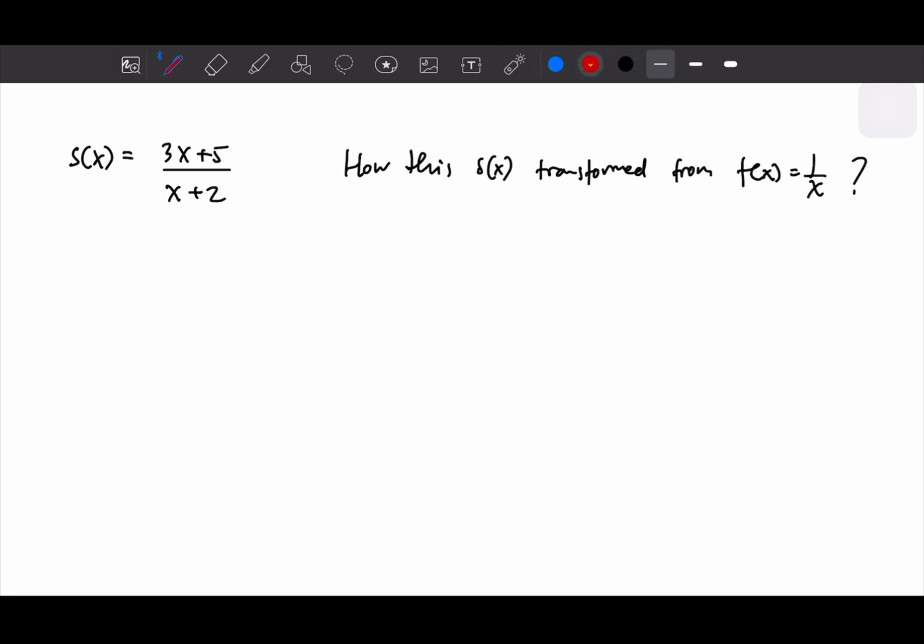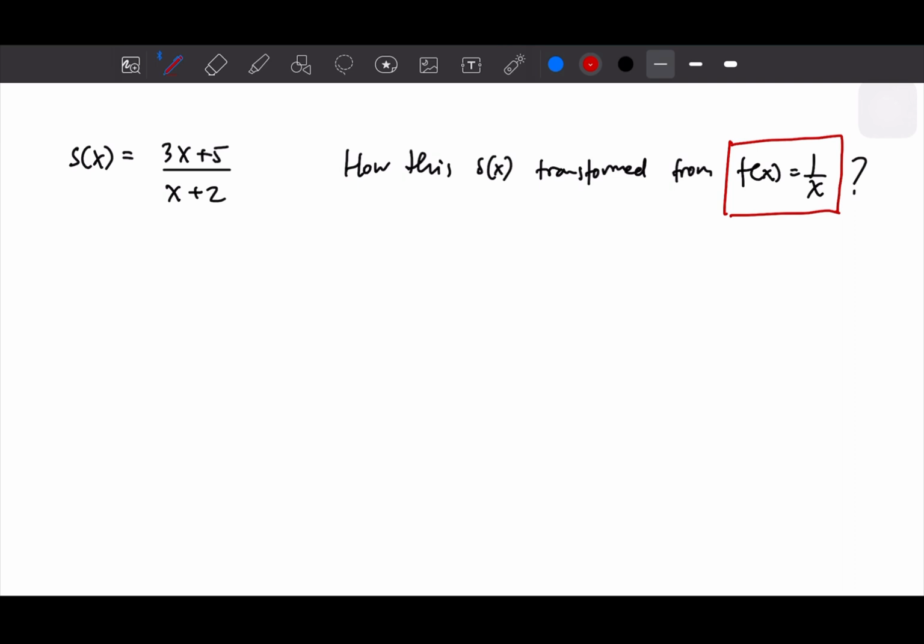In rational functions, our base or default will be this 1 over x. This also explains why we covered these rational functions in chapter 3, where we learned some techniques related to rational functions: polynomial long division and synthetic division.